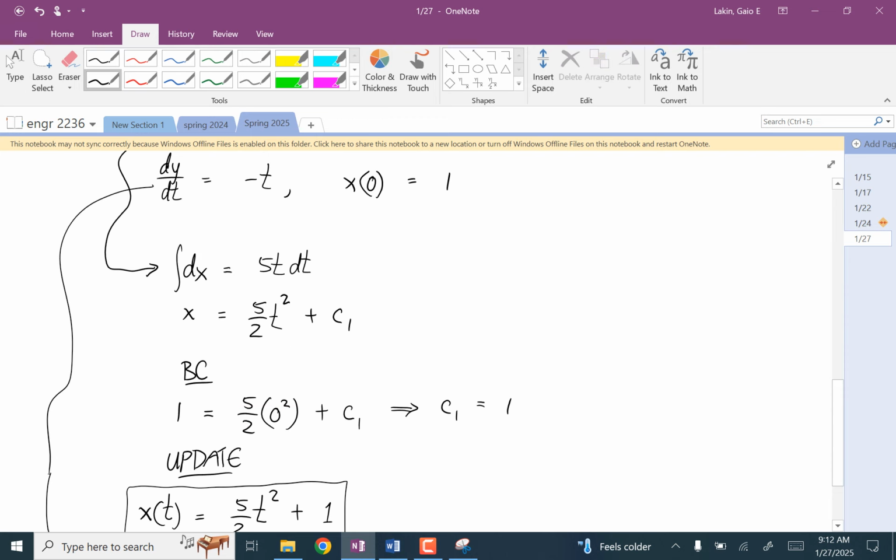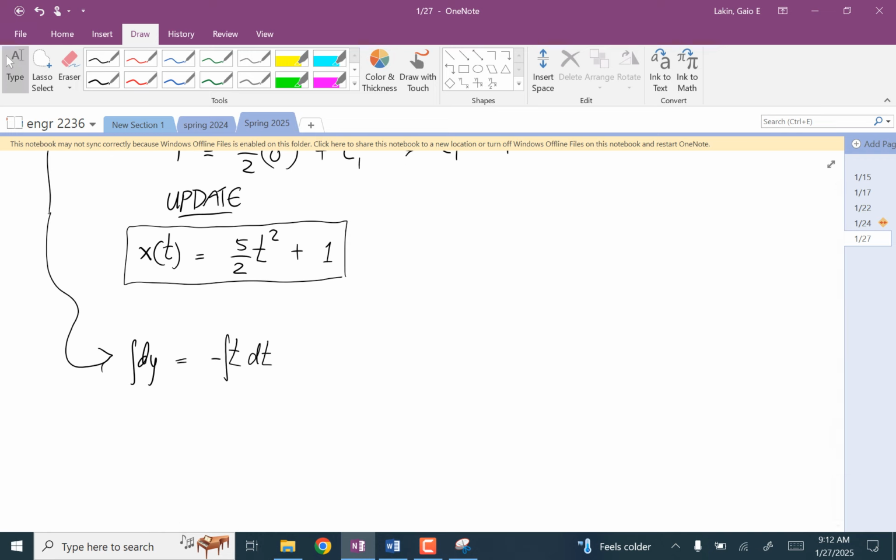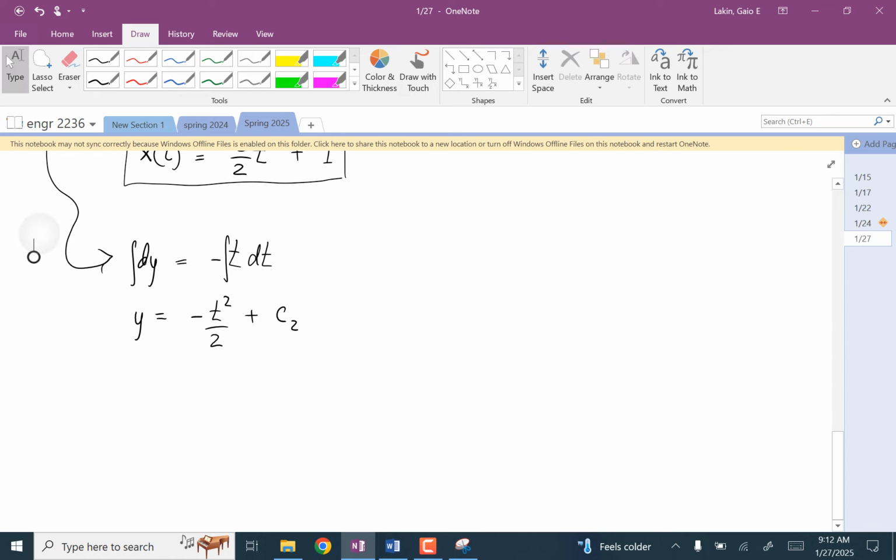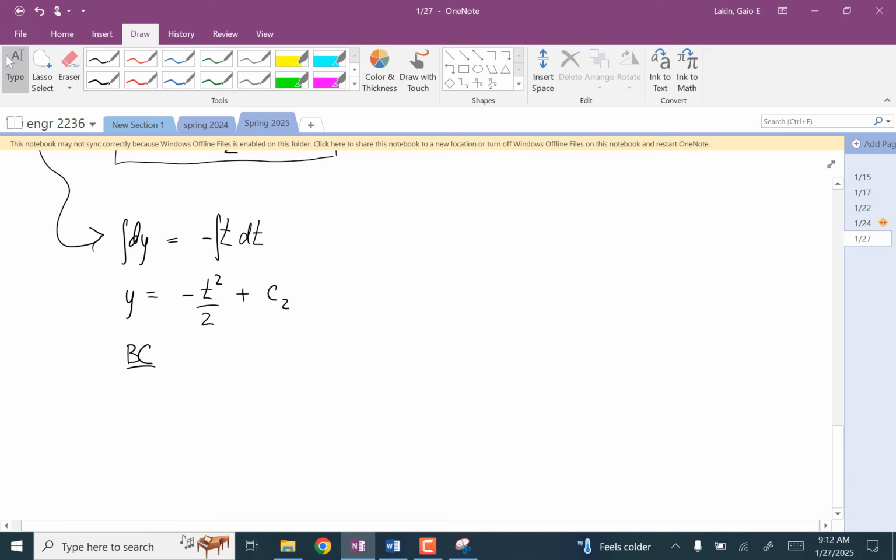Let me write the integral here. And so this says y is equal to -t squared over 2 plus some new constant of integration. And now we'll use the boundary condition. And that says that y is equal to 1 when you set t equal to 0.